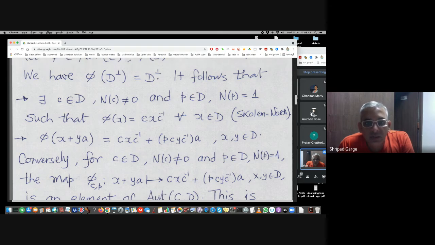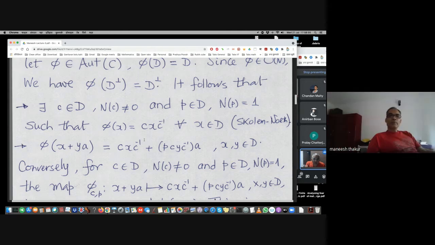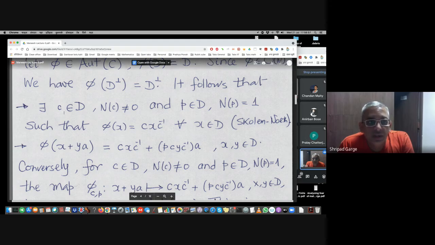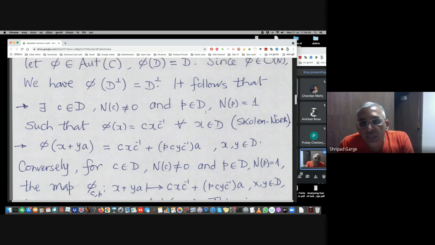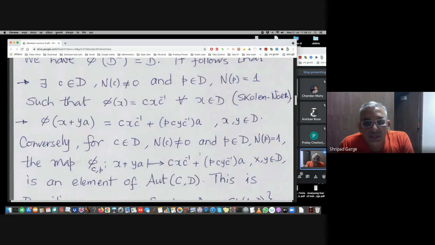That gives you another automorphism which will take D to D. So are we saying that any automorphism in Aut(C, D) is basically a composition of two of these specific automorphisms? Correct. One is conjugation by non-zero elements within D, and then changing A to PA, where P is a norm 1 element in D. These are the two automorphisms, and we are just combining them.